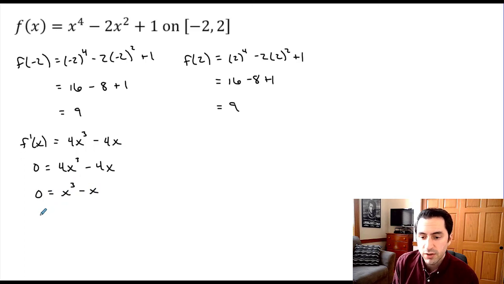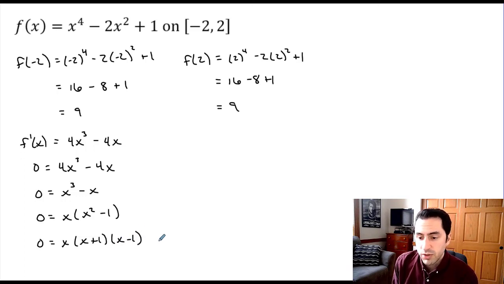And then I can factor this. So let's factor out an x. And then we have x squared minus 1. And we can keep going. We have the difference of perfect squares, so we can factor that into x plus 1 and x minus 1.